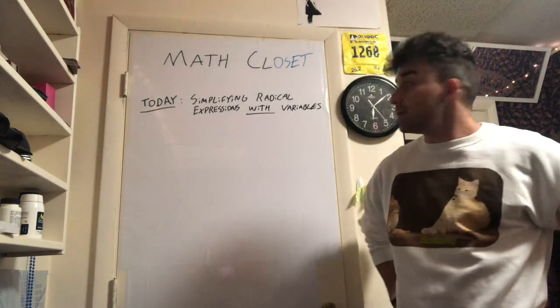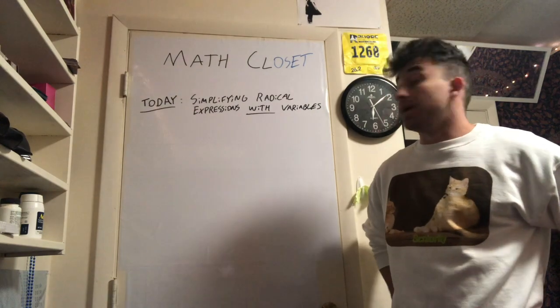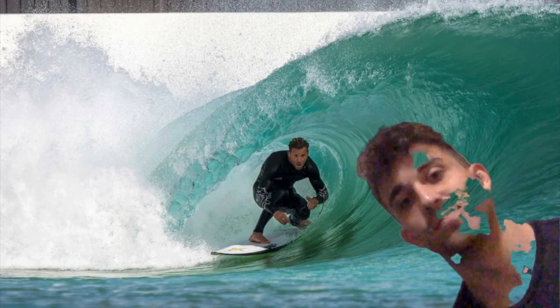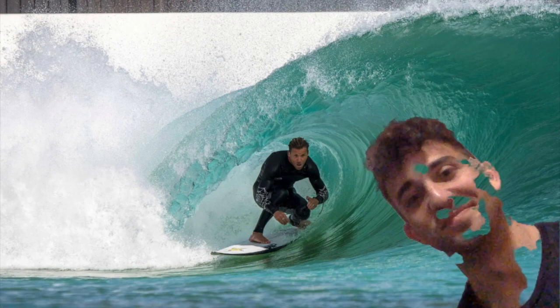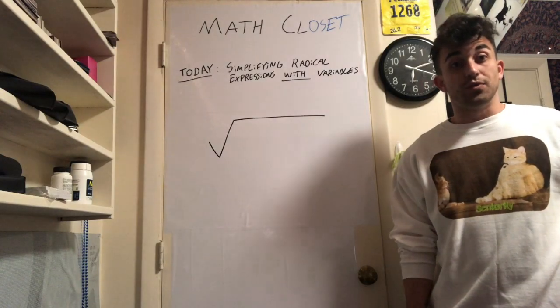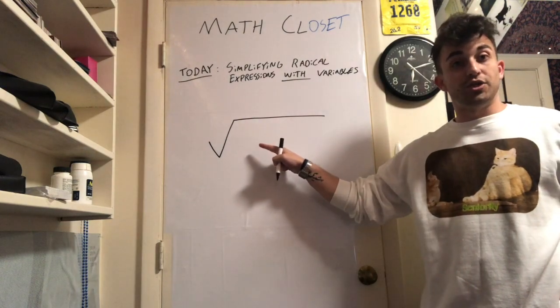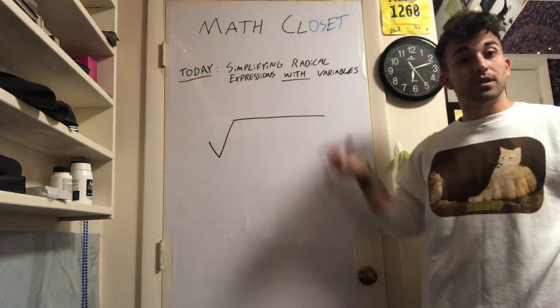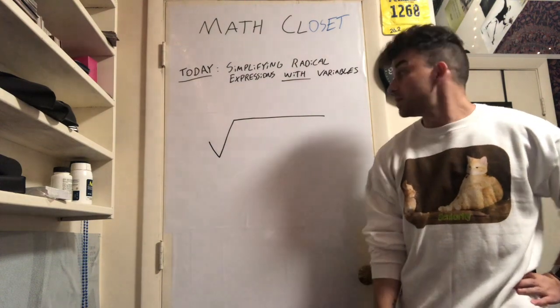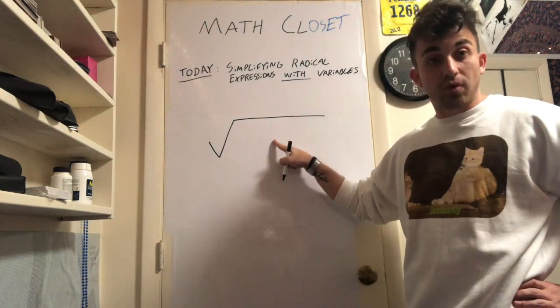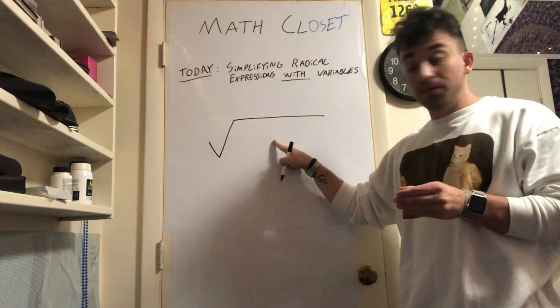Today, we're going to be talking about simplifying radical expressions with variables. Radical. So, just to recap, a radical in math is this sort of checkmark looking thing with a little extension. What that does is it says anything inside here that is the product of something times itself is going to come outside.